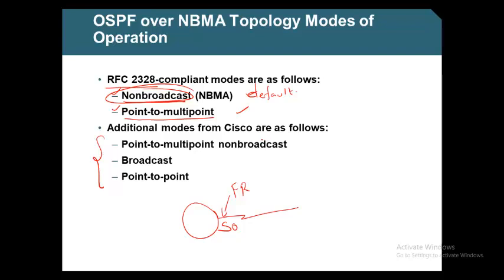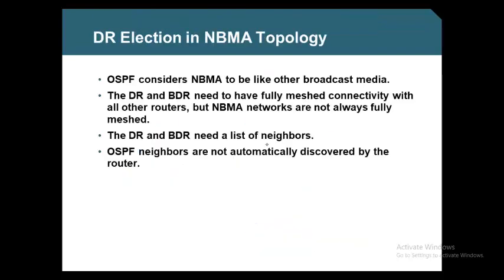We saw a problem. The problem is the NBMA are always not full mesh. And there is a DR-BDR elected, which is recommended only when we have full mesh, but we don't have full mesh.